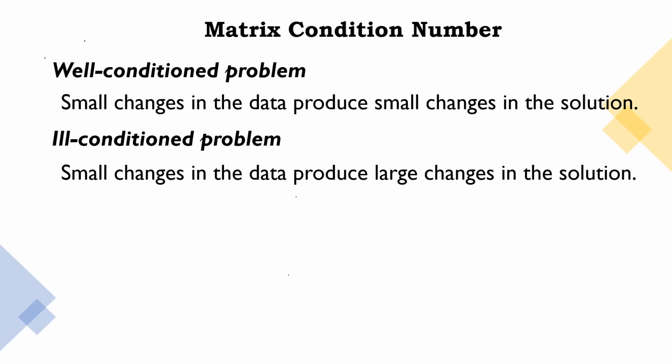In that case, we can consider that an ill-conditioned problem. Small changes in a specific matrix or vector have a large impact on the other. So, how do we know if it's a large or a small change?